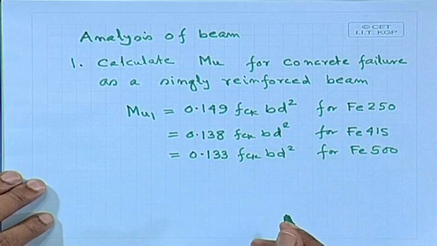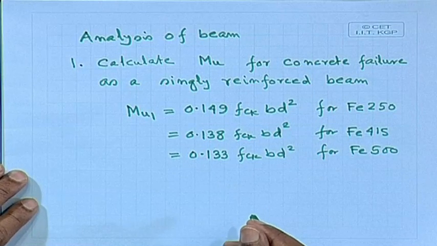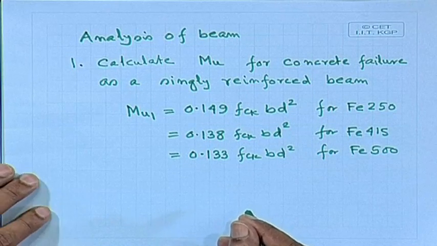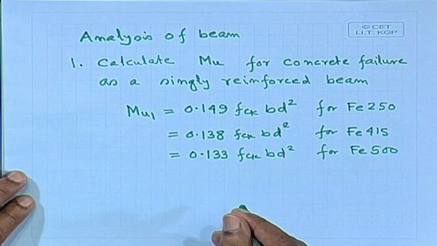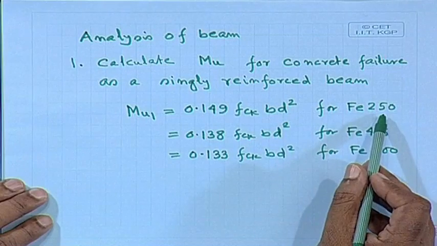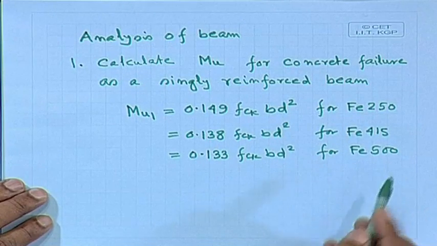We shall use the appropriate formula to get the moment of resistance for a singly reinforced section when the section is assumed to fail due to concrete failure. Mu1 for Fe 250, for Fe 415, for Fe 500.